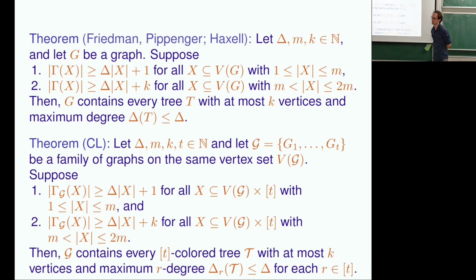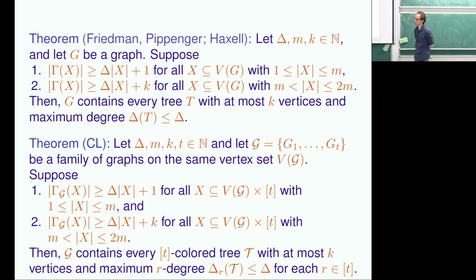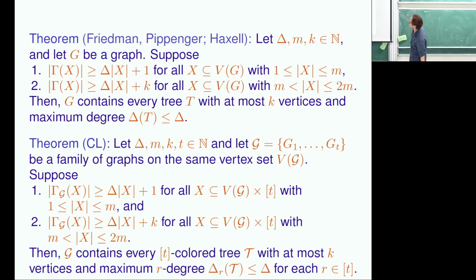If I take the universal graph G as a disjoint union of G1 to GT, do I have the same property as in the previous theorem? I think it's a little different. Well, yeah, maybe that is the same thing.